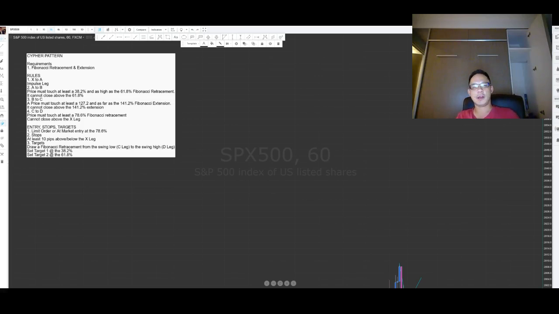They appear on any time frame, so it doesn't matter if you trade a 5 minute, 15 minute, or 1 hour. They do come up on the daily, but obviously the daily ones don't come up as often. But if you trade the 15 minute, the 1 hour, even the 4 hour, you get a fair few patterns that appear.